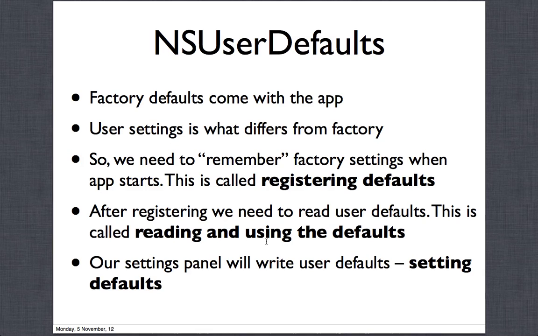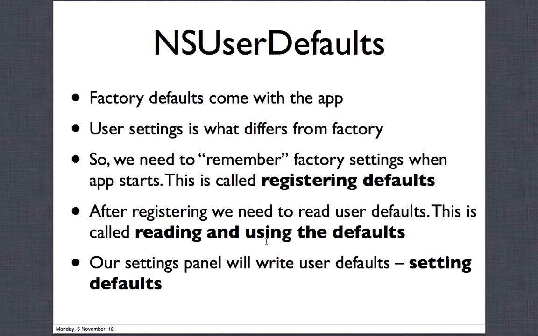This process is done when the application starts. It gets all the factory settings, and we call it registering defaults. After this process is done, we need to read user defaults. We need to read what actually differs from the default factory settings. We call it reading and using the defaults, which is quite obvious.